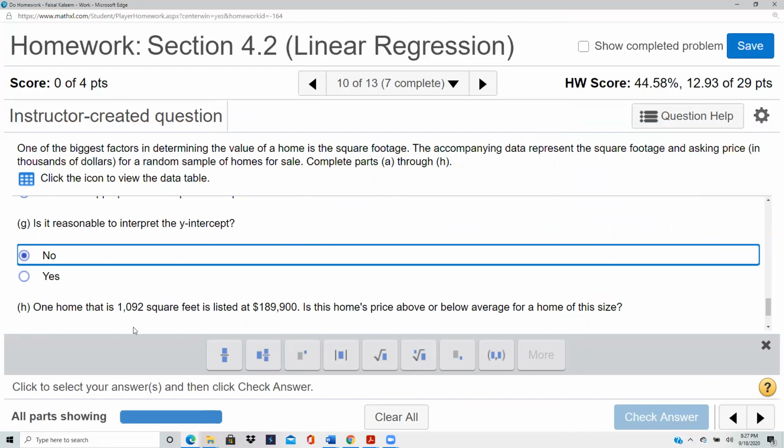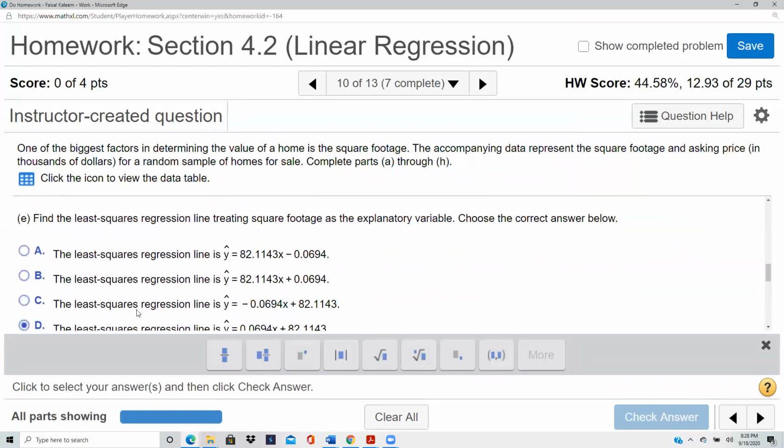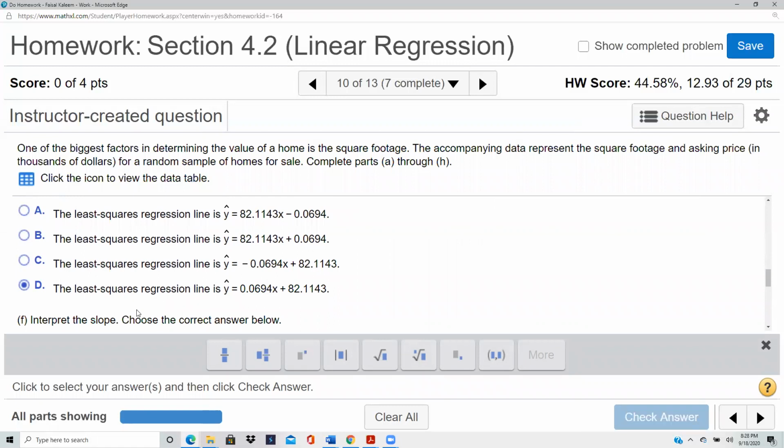One home is 1092 square feet, and is listed as 189,900. Is this home price above or below average? For 1092 square feet, we have the model to tell us what the price needs to be.